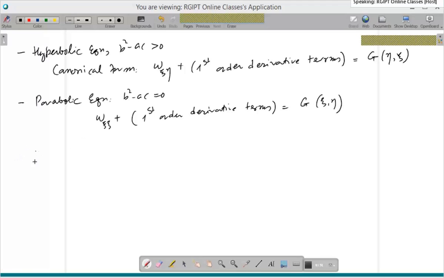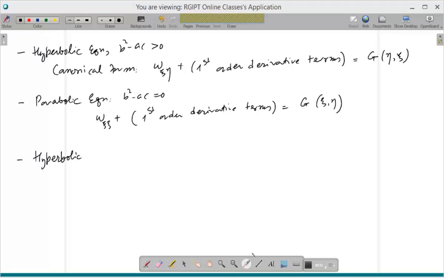And then I have elliptic. So these two I kind of worked out in detail. Here I will not, because there is some complex algebra involved, and that will take too long for us to discuss. Elliptic case, b square minus ac less than 0, then imaginary quantities come into the picture. I will skip that discussion. All you need to know is the basic idea without getting into details of it.